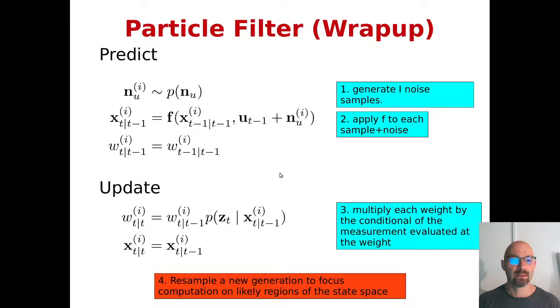And that's it. To do the update, I basically only change the weights of the sample by multiplying the original weight with the evaluation of the observation model in the sample itself, and I leave the sample where it is. And then, mandatorily, I have to resample these new samples to make a generation of samples that have uniform weights. Otherwise, over time I will lose computation resources uselessly.